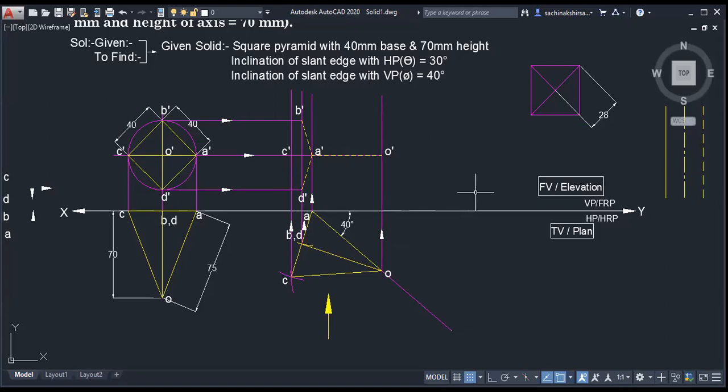Yes, sir. Now the remaining edges you have to join directly by dark line.